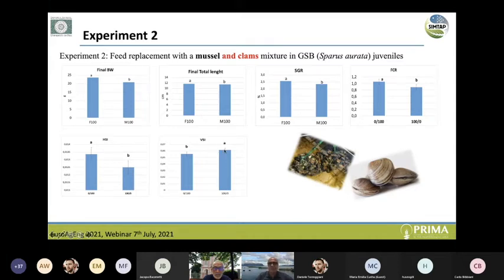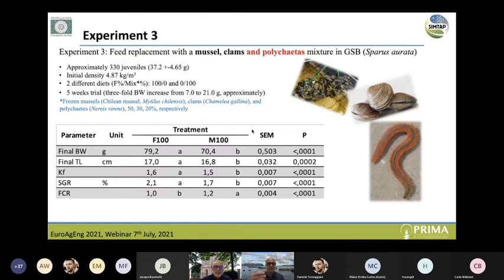This means that probably the fish fed only feed has more fat deposit at abdominal level. So it's known that fish fed aqua feed are more fatty than wild fish, and this confirms this trend even in our conditions.